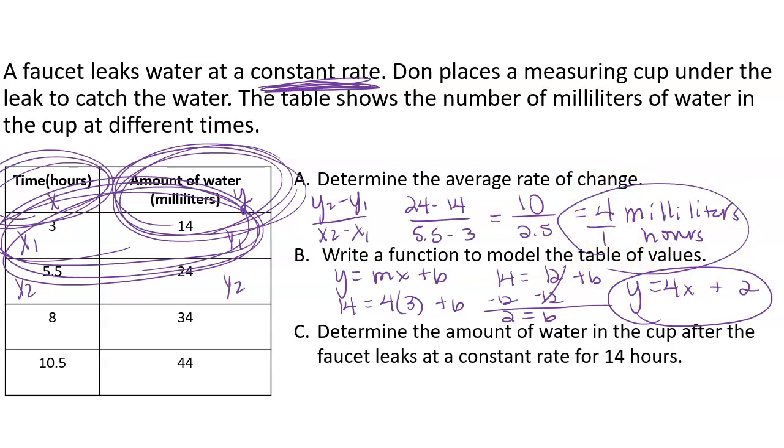Alright, C. Determine the amount of water in the cup after the faucet leaks at a constant rate for 14 hours. Alright, so again, we know that right now we're leaking 4 milliliters per hour. Okay, 4 milliliters per hour. So we can say y equals 4 milliliters times 14 hours plus the 2 that we started out with.